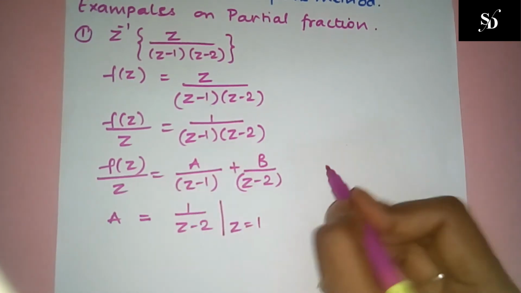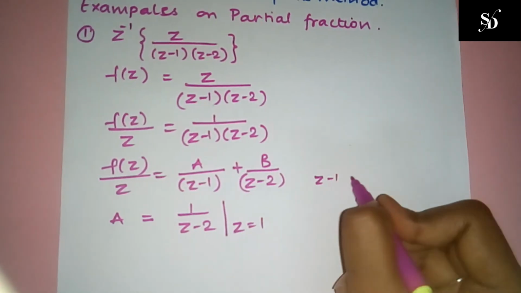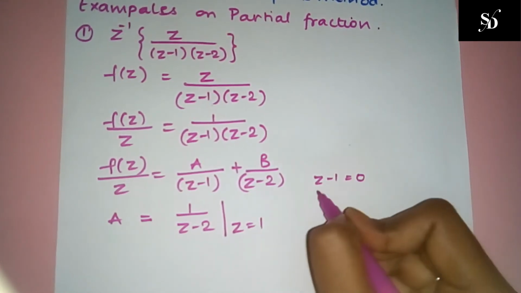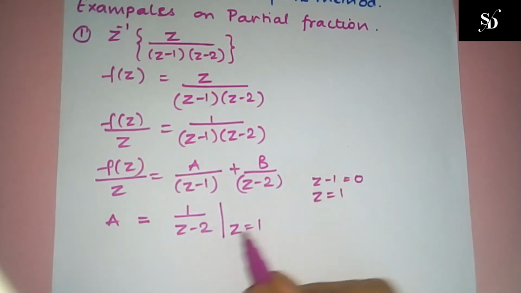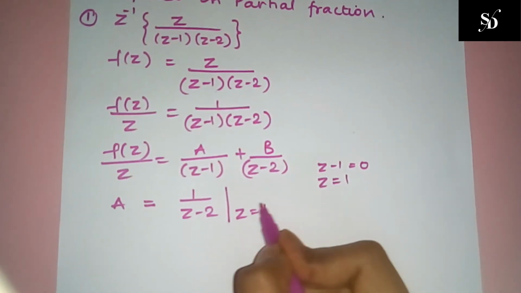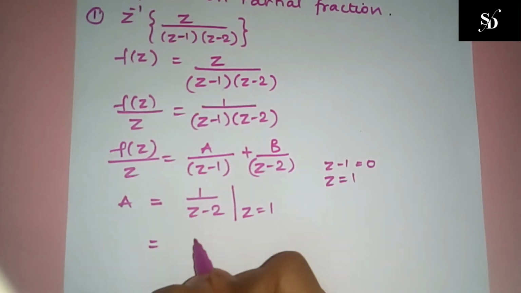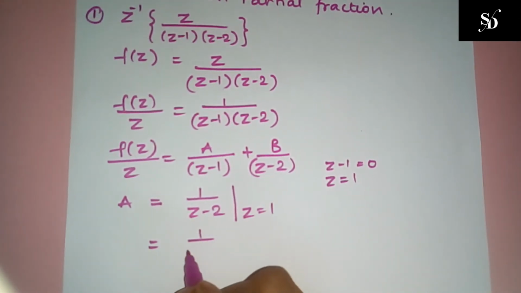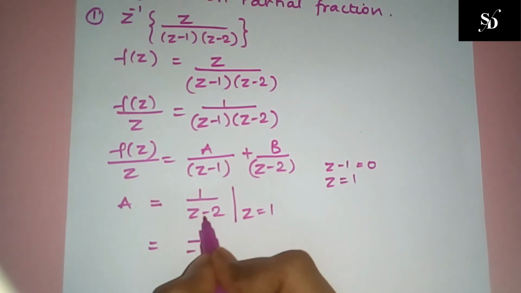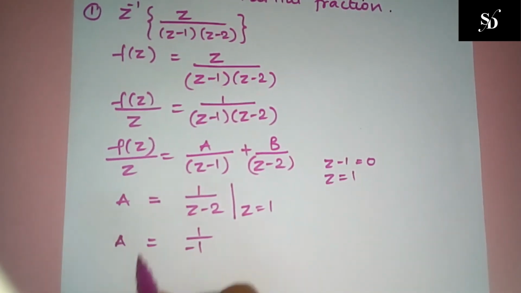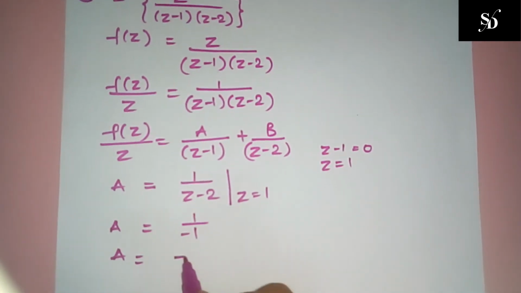Z minus 1 is equal to 0 is the equation. When the 1 goes to the other side, it becomes plus. So the value of z is 1. Therefore we'll put 1. So A will be 1 upon minus 1, because 1 minus 2 is minus 1. Therefore the value of A will be minus 1.